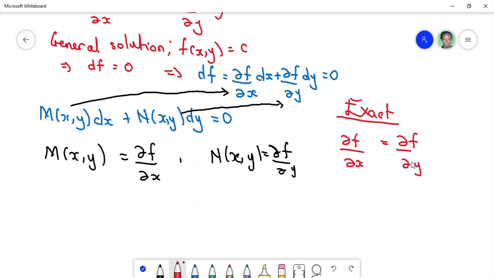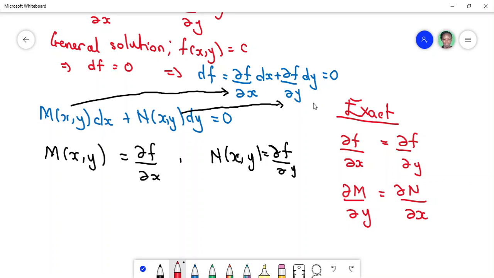Y. That is, if I differentiate the partial derivative of M with respect to y, and I differentiate N with respect to what?